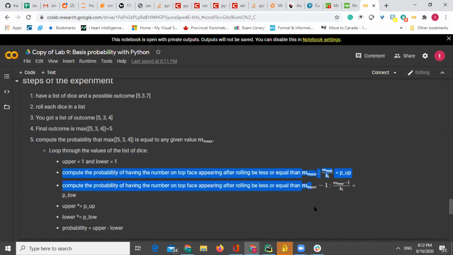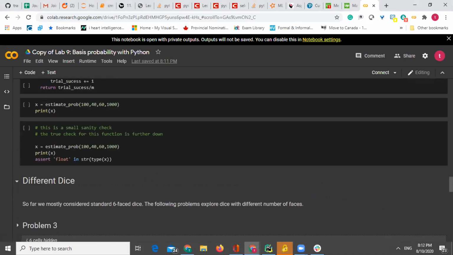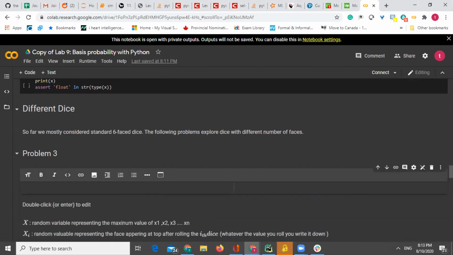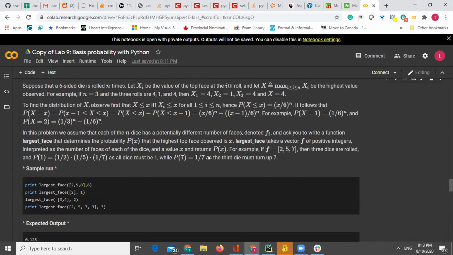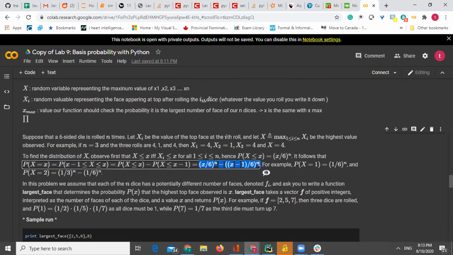Oh, but this formula is different from this formula, right? Which one? This one. No, it is the same thing.